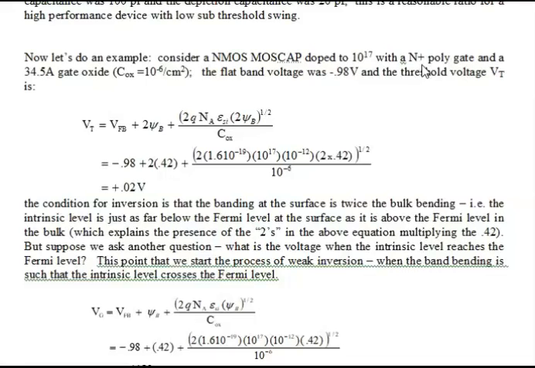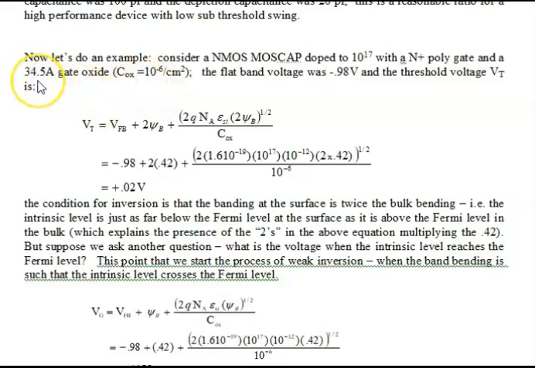I don't know why sometimes I use plus and sometimes plus plus. It's a generally doped polysilicon for the metal. And the oxide thickness is 34.5 angstroms. Why do I use 34.5 angstroms? Because it gives a nice number for the C oxide of 10 to the minus 6.